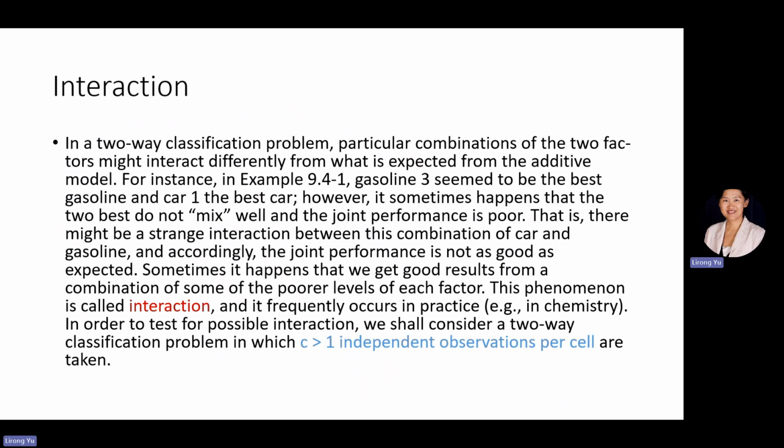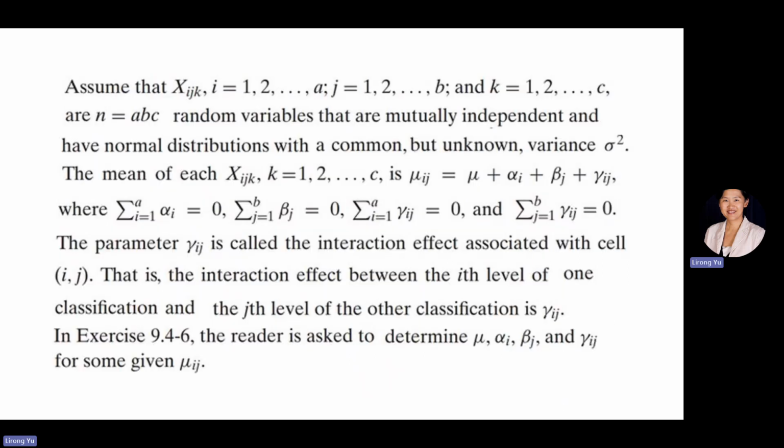So this situation is called the interaction effect, and let's see how we do it. Okay, to study the interaction effect, we have to label things in a little more detail.